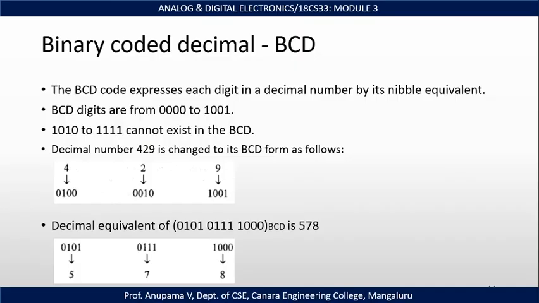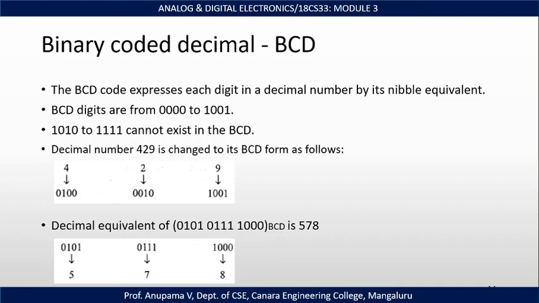Now let us see one more type of decoder, that is BCD to decimal decoder. Before that, we will see what is BCD. The BCD expresses each digit in a decimal number by its nibble equivalent. A nibble is nothing but a set of 4 bits and a set of 8 bits is called a word.